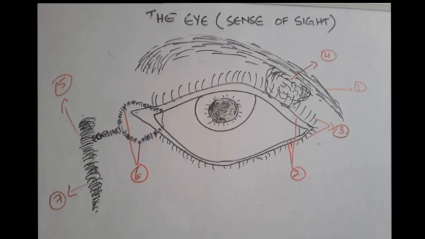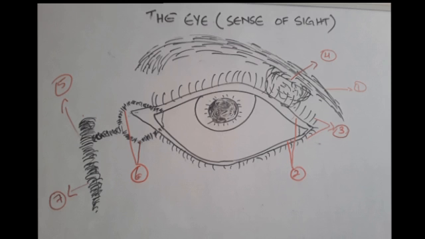So we have two eyes situated in the deep socket-like structure, or the orbit we call it, in front of your head region. Each eye is in the form of a ball-like structure, which is known as the eyeball. The size may be up to 2.5 centimeters or 1 inch in diameter.